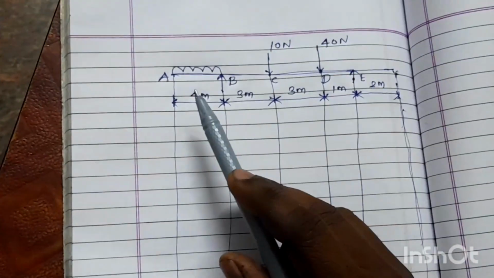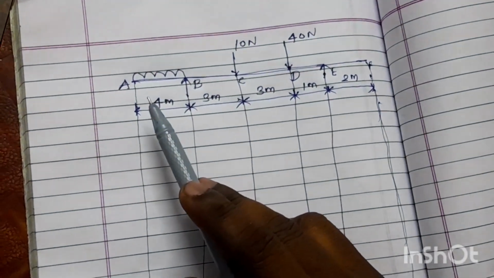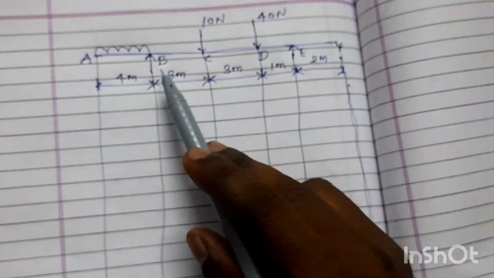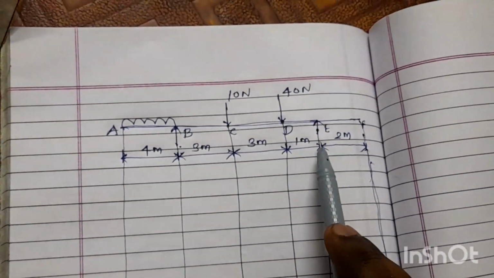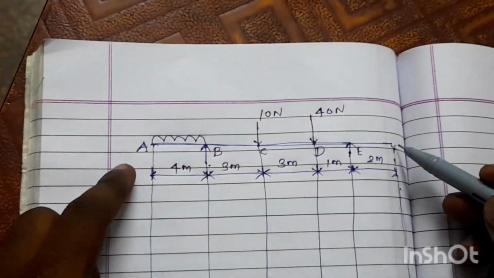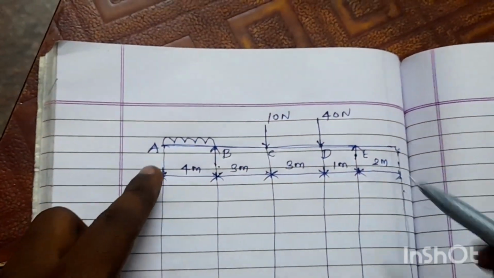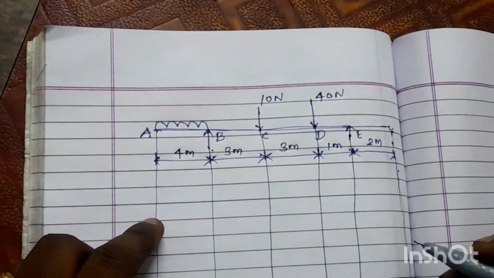Okay, this is the given problem having supports B and E. These two supports are in between the given beam, so it is called an overhanging beam.